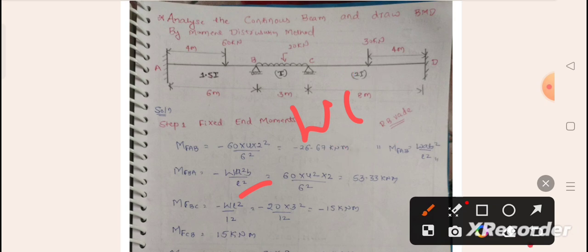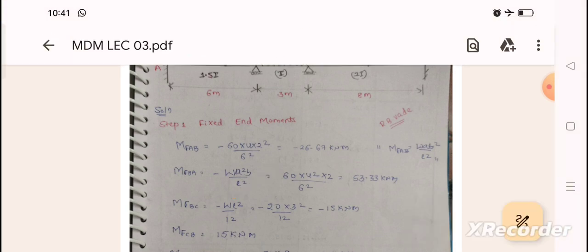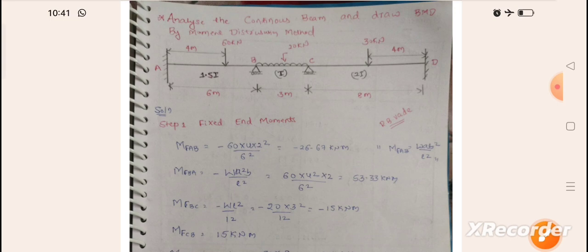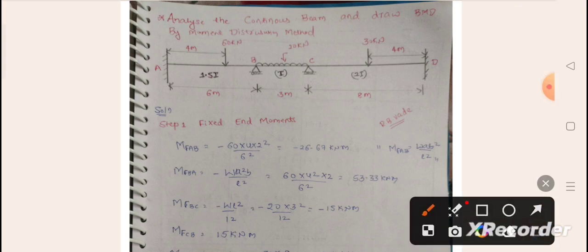So W is 20 kilonewton per meter, L is the span BC, 3 meter, divided by 12. So the answer will be minus 15. The same thing, MFCB will be equal to plus WL square by 12, that is plus 15.